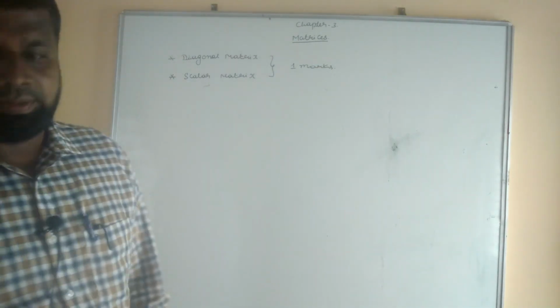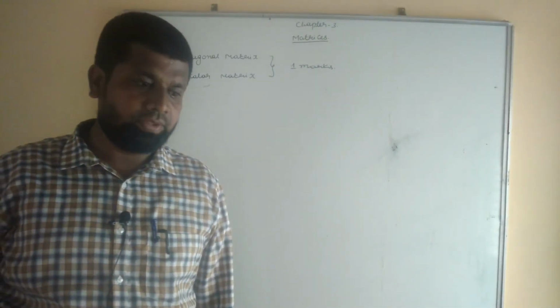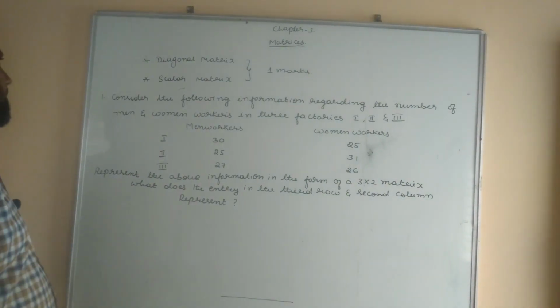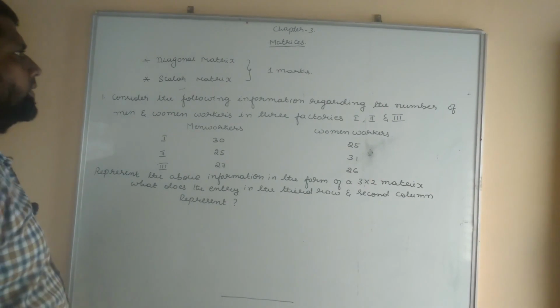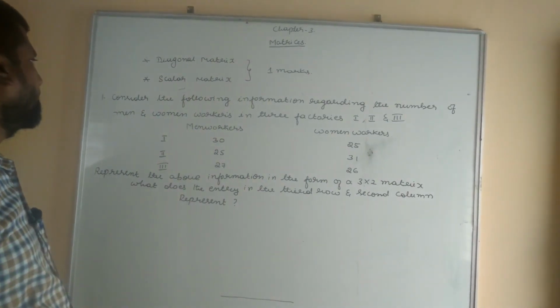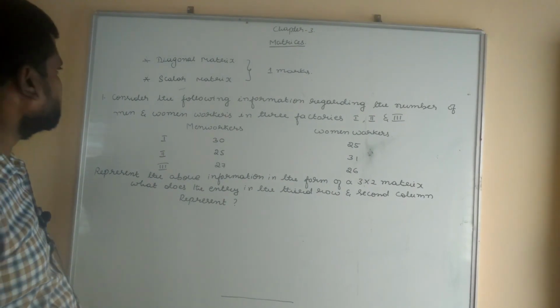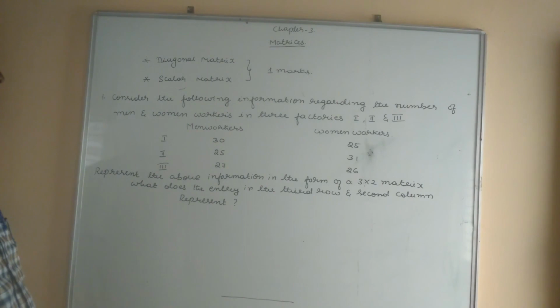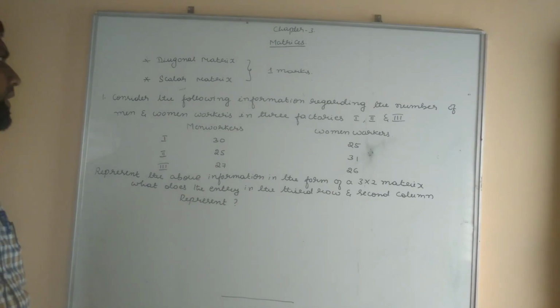So in this class, let us solve the problems. Let us go. Consider the following information regarding the number of men and women. The first problem is, consider the following information regarding the number of men and women workers in 3 factories.